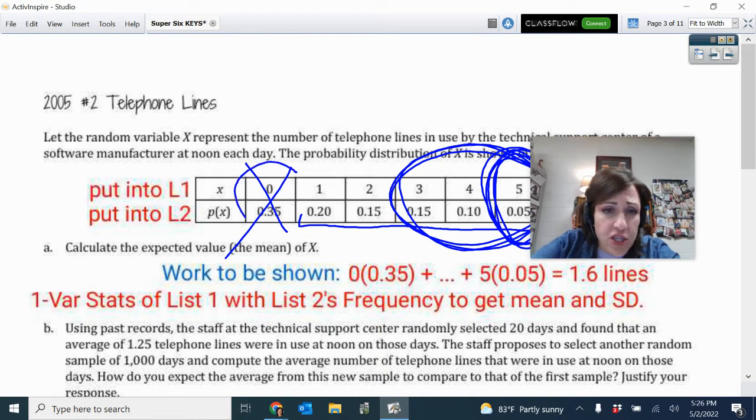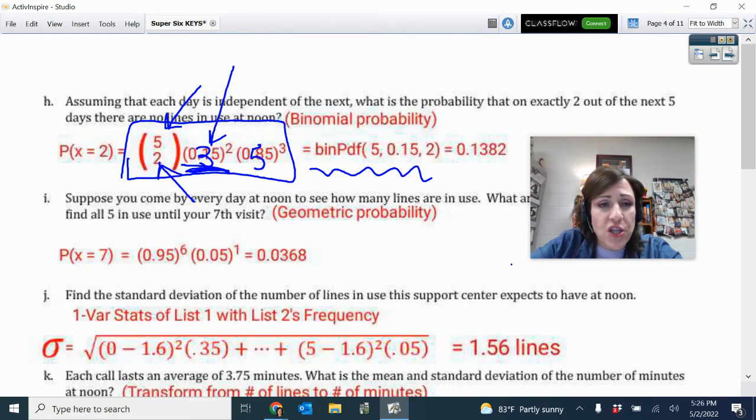So the probability I should have been using was the no lines in use. So I need to go and fix that. That'll make this different. It is out of 5, 0.35, and 2. So no lines in use.